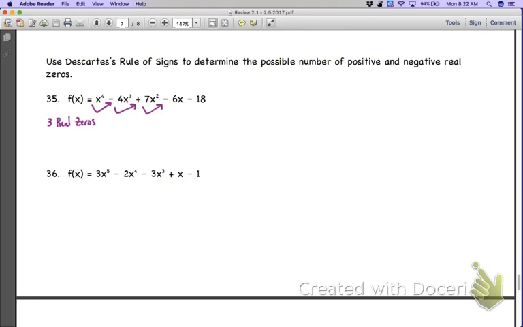Okay, so then we need to check to see how many of those are positive. Positive's pretty easy because nothing that we have changes. So for it to be positive real zeros, it's either going to be all the real zeros, so it's going to be an or, like it's either this or that.